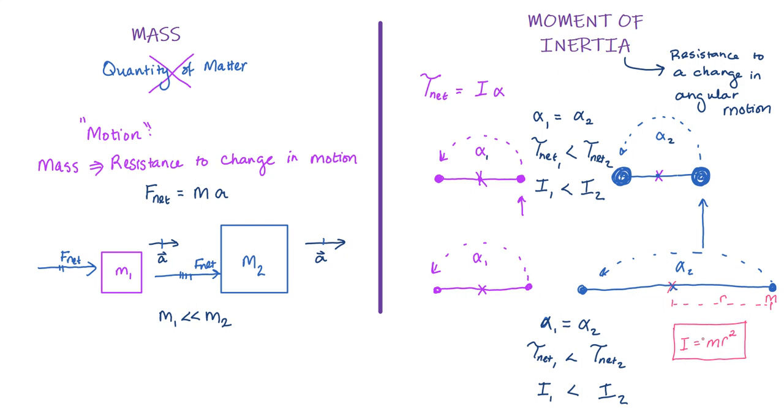Something that's very important to remember is that in this example, this is just a point mass, not including the rod, because its mass is basically insignificant compared to the mass of the balls.